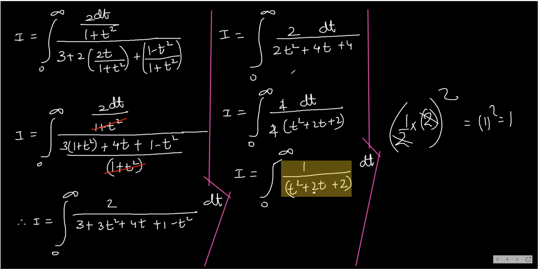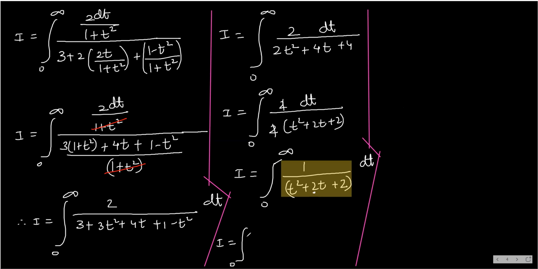So the proper last term is 1. So what I will do is I shall add 1 and subtract 1, or you can simply write it as integral from 0 to infinity 1 upon (t square plus 2t).